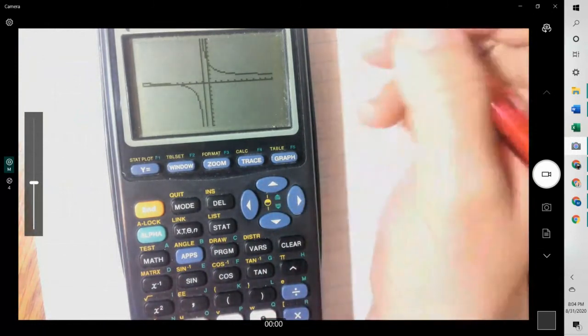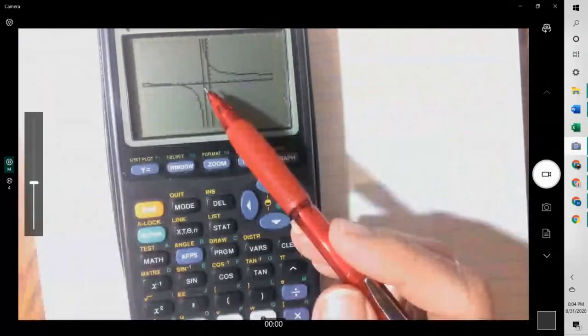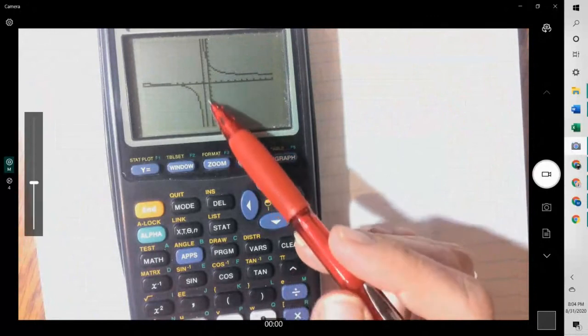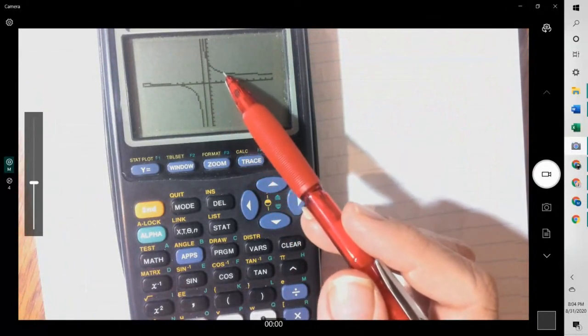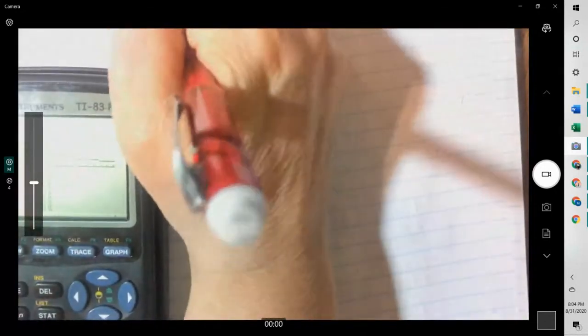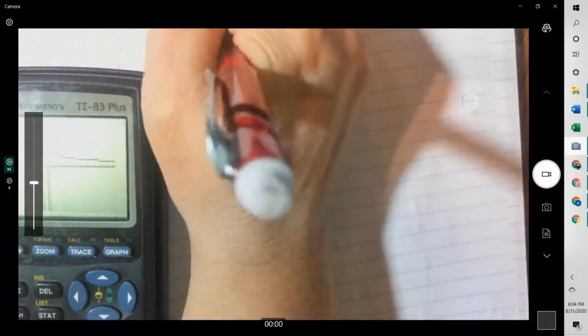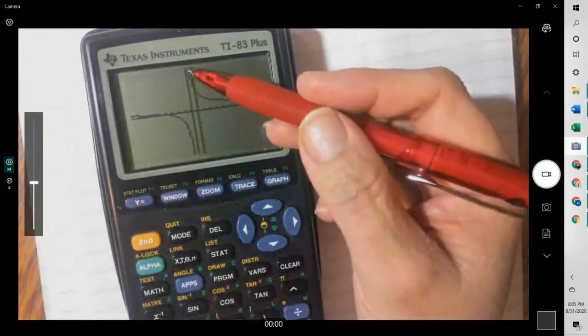Now notice we're approaching -1, which is here. This is the asymptote. And when we're approaching -1 from the right, it's going to infinity. So the limit as x approaches -1 from the right, that would be on this side, is positive infinity.